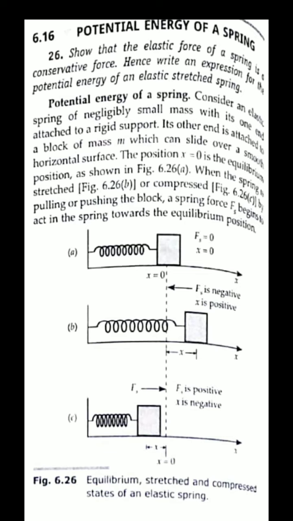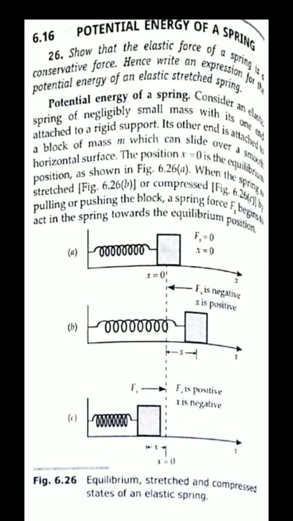But a restoring force will act in the opposite direction of the applied force, so that the object will be returned back to its original position. That is called the restoring force, which restores the object to its equilibrium position.